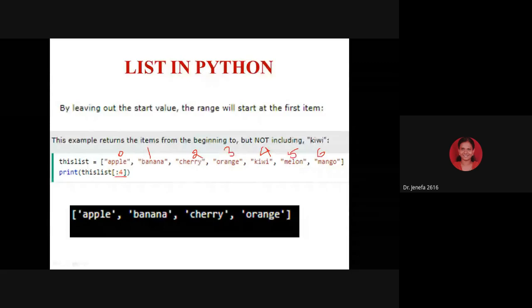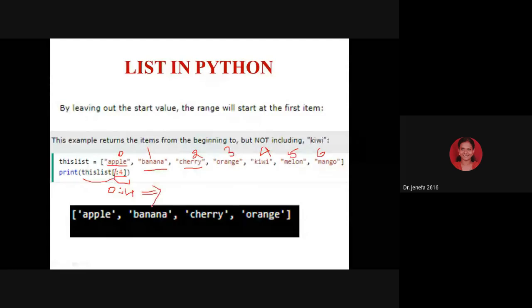See, in this case, list of 0 has the first value apple, list of 1 has banana, and list of 2 has cherry. Here we have declared a range of indexes :4. If the starting value is not given, then by default the starting value 0 will be taken. If the ending value is not given, by default it will go to the end. So here it is 0 to 4, and we have a formula, starting value to final value minus 1.